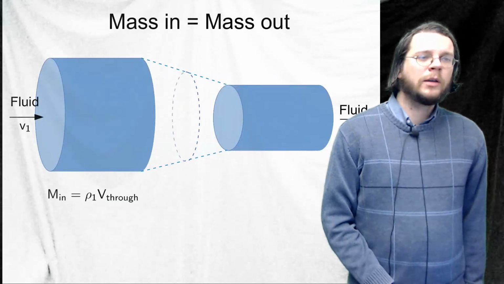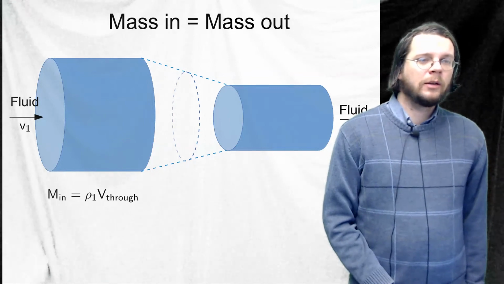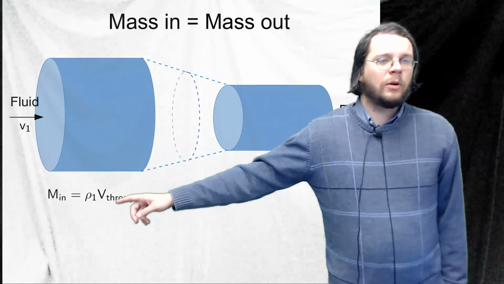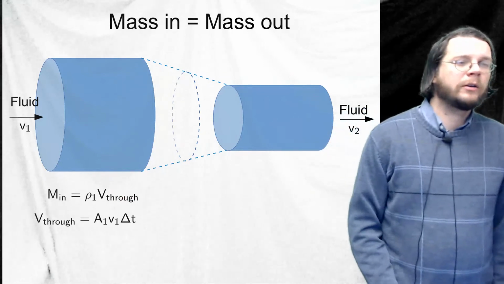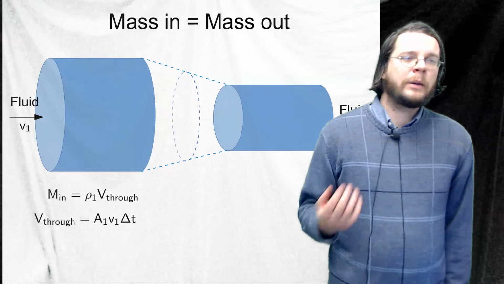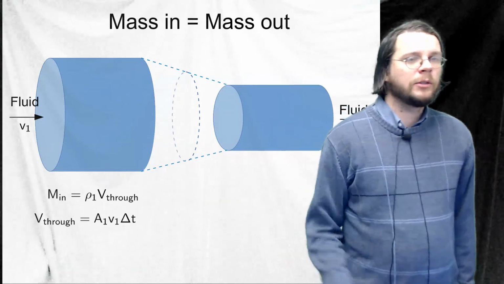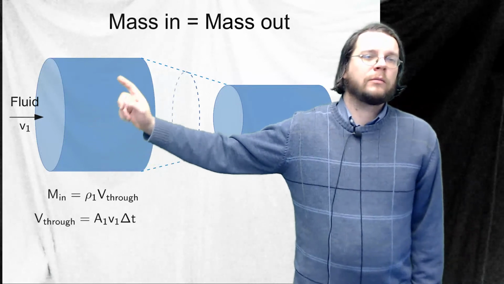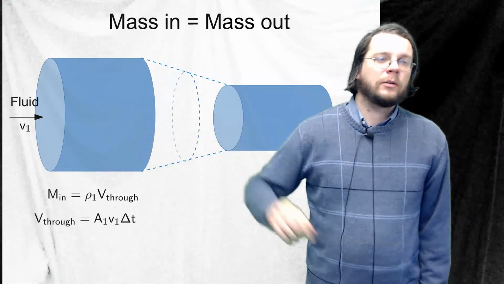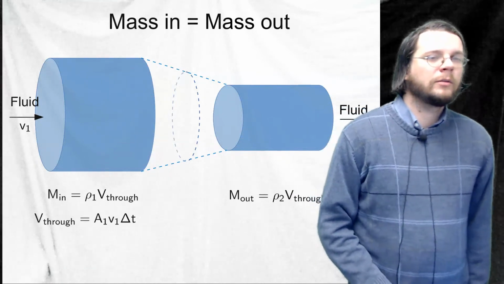And so, if you want to think about how much mass comes into it, so you have some density of water times how much volume you've got there. In some period of time, this amount of volume moves through this first part. This is sort of like cylinder 1. This other thing is cylinder 2. And so you have some area there, some volume, and the same thing over here.